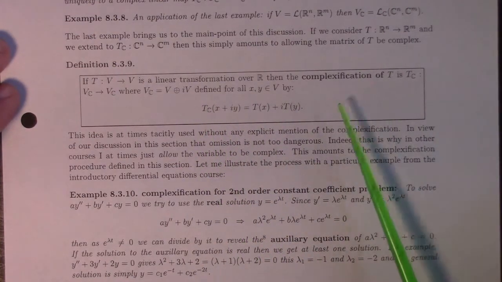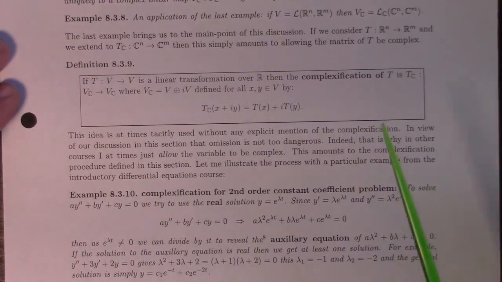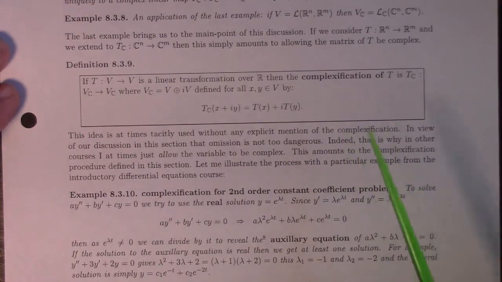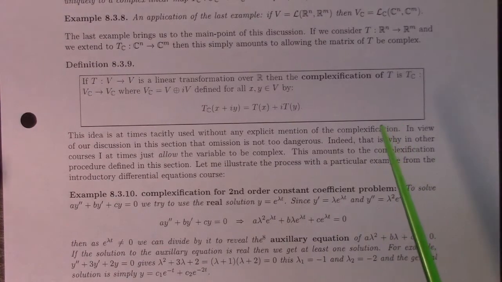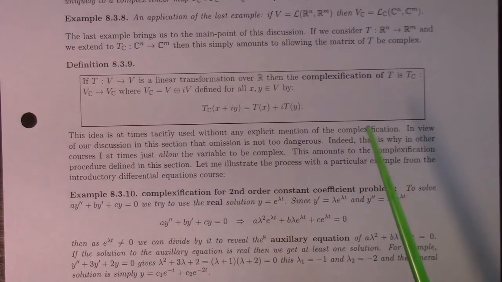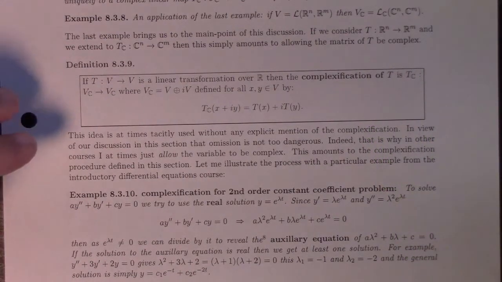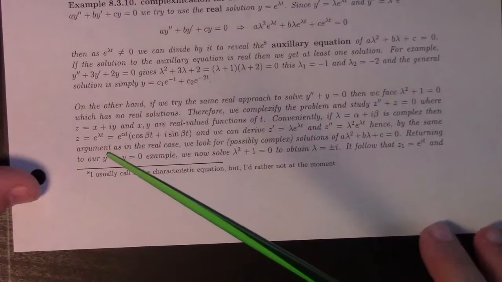In fact, I do this all the time in differential equations without even explaining any of this. All of a sudden we're solving a real differential equation, and then I'll be solving a complex differential equation, and I just say, well, we make the differential equation complex. What I'm describing right now, the algebra, is how you actually do that. Here's a typical differential equation example.